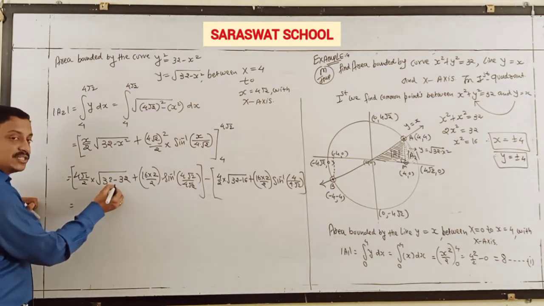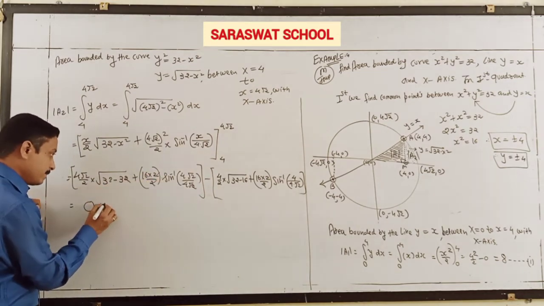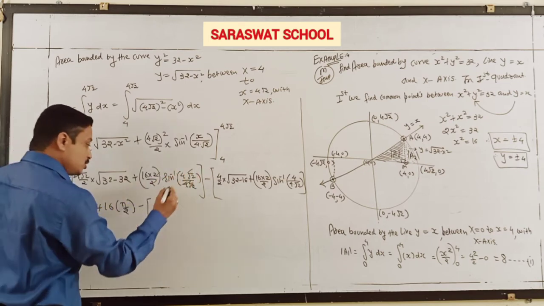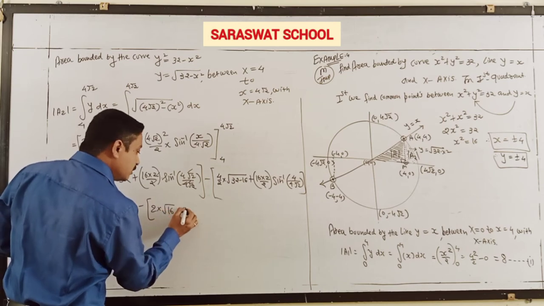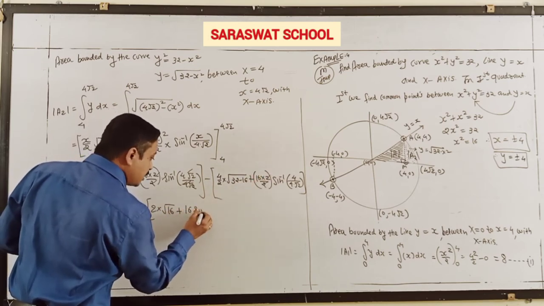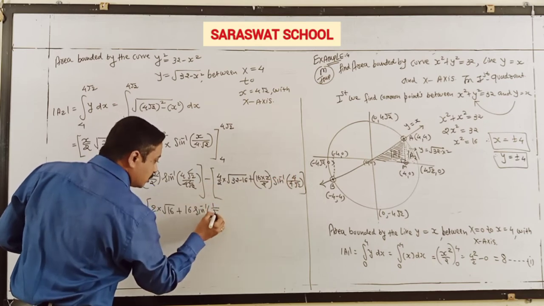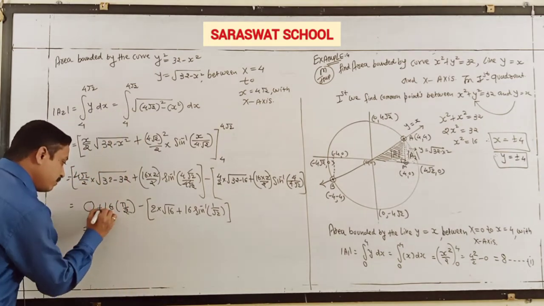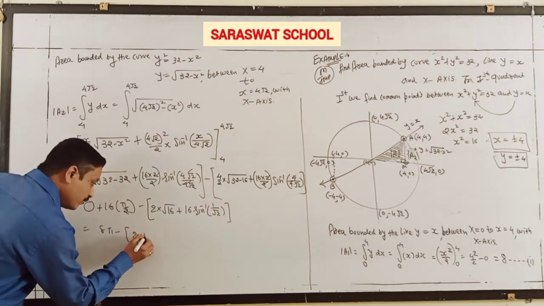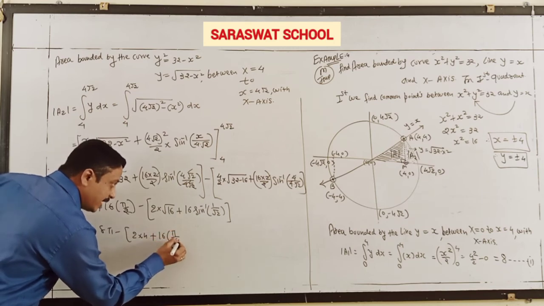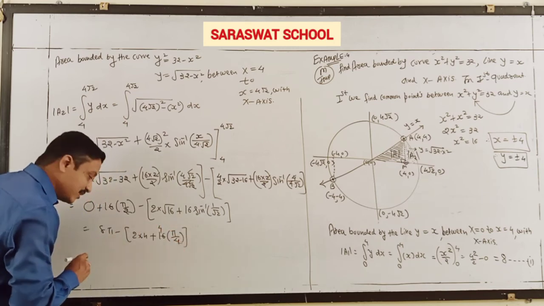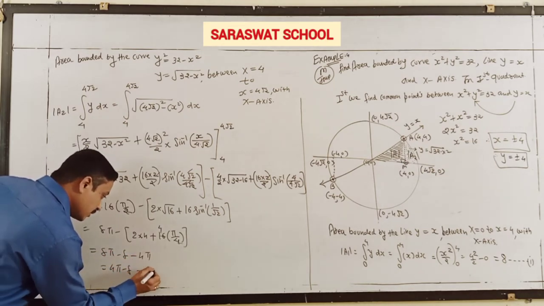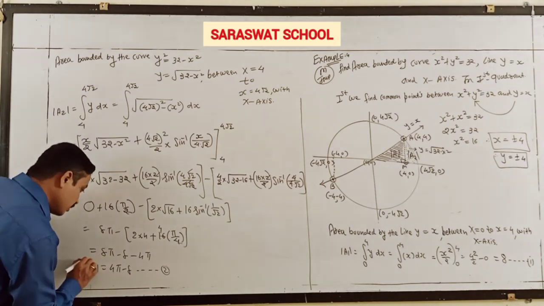So here the first part is 0, and 16 pi by 2 minus 2 root 16 plus 16 sine inverse 1 by root 2, which I know is 45 degree. So here your 8 pi, 2 into 4, 16 pi by 4. 4 fours are 16. So 8 pi minus 8 minus 4 pi means 4 pi minus 8. That's your statement 2, area A2 covered.